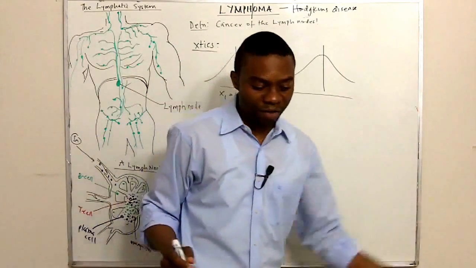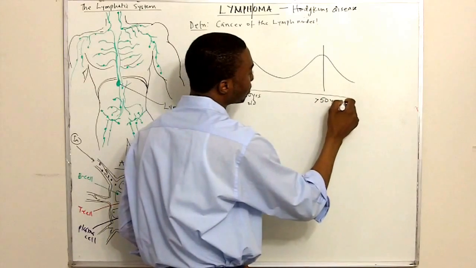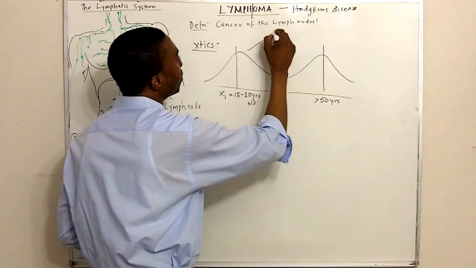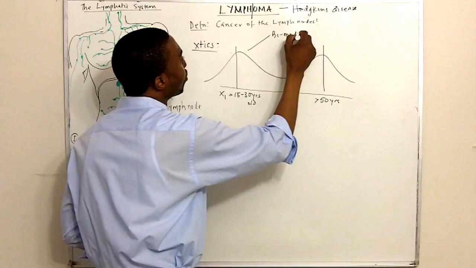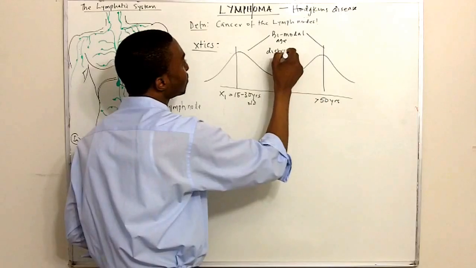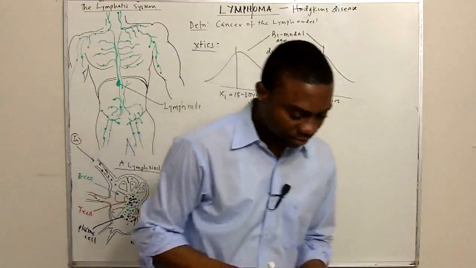And later in life, patients over 50 years of age. That is why it's called a bimodal age distribution. Those are the patients that often get this disease.